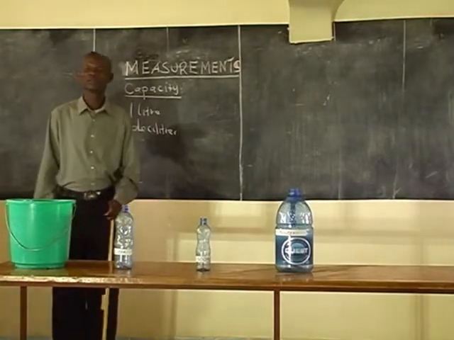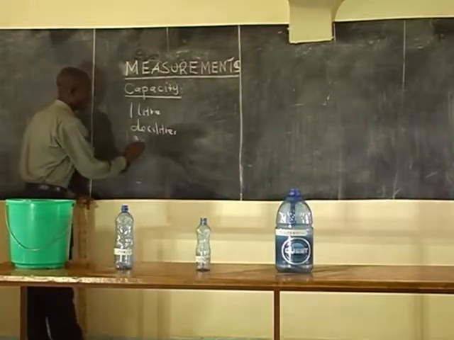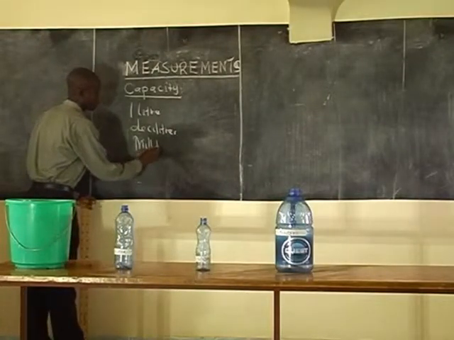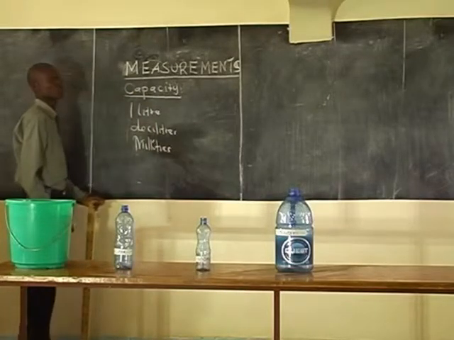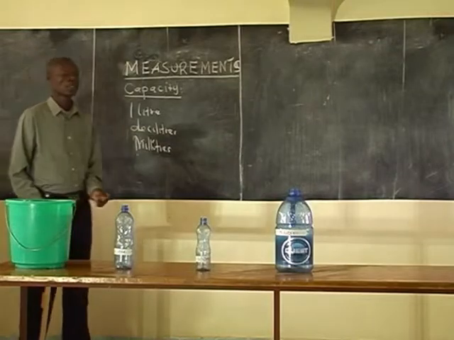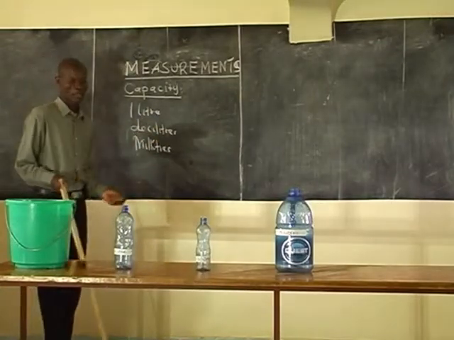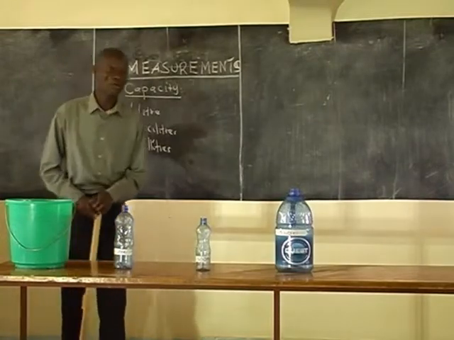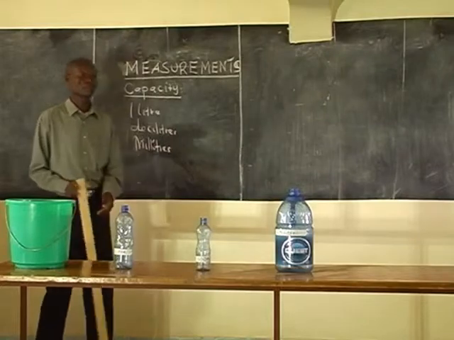Any other? Good. The third one is the milliliters. Now, the three that we mentioned are the most common units of capacity, the most commonly used units of capacity.